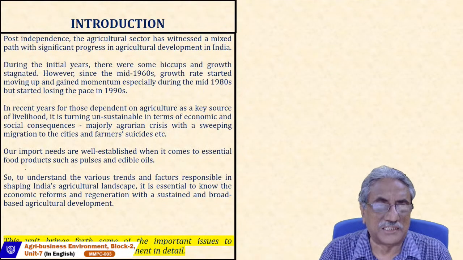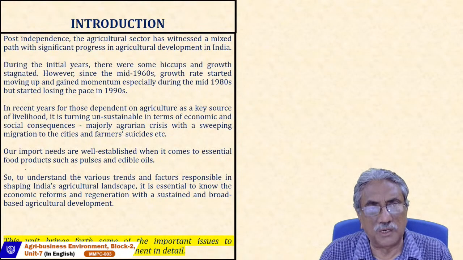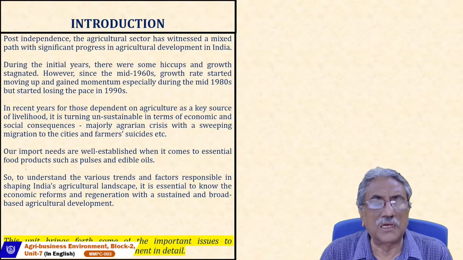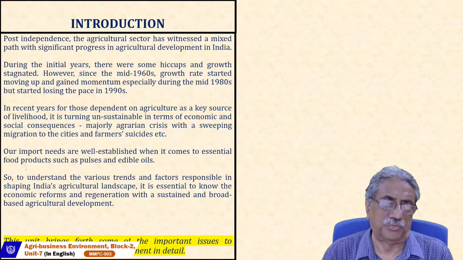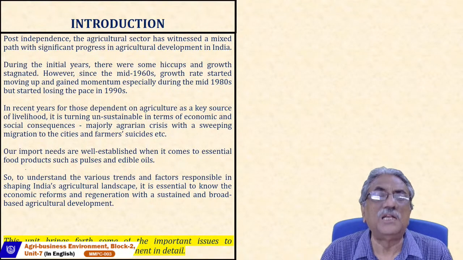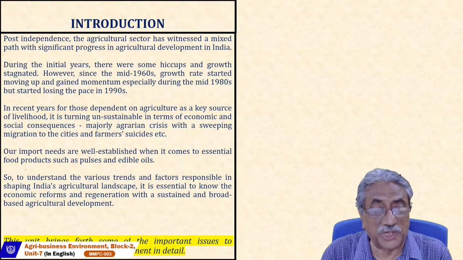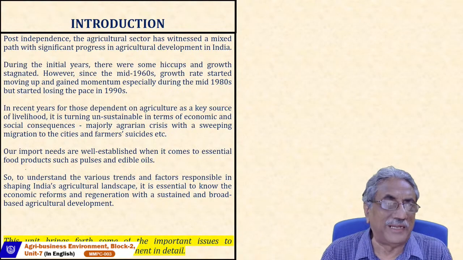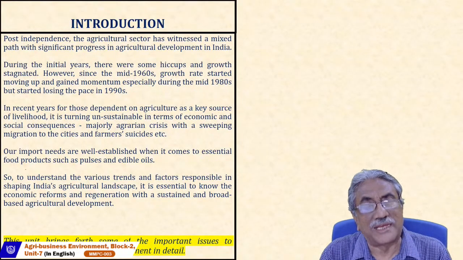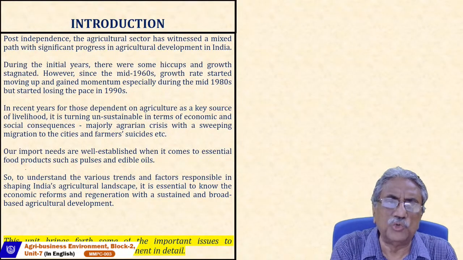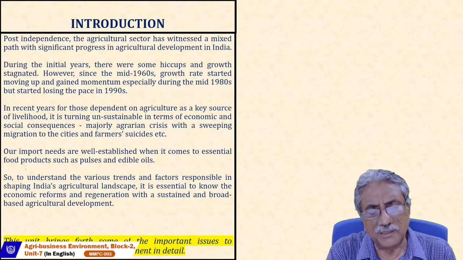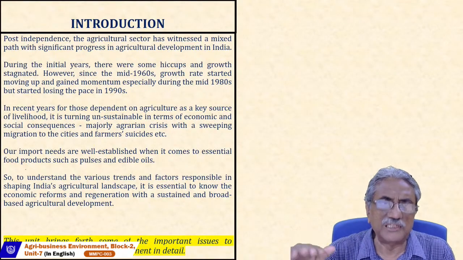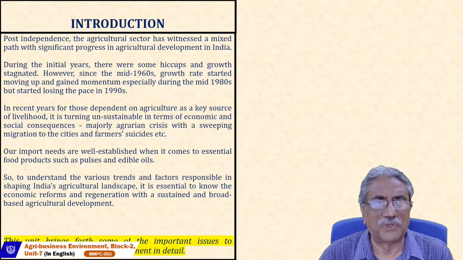But during the mid-60s, government introduced some policies and measures, and growth, that is yield per acre or whatever measurement you take, started growing and gained momentum, especially during the mid-80s, but lost pace again in the 90s, because any new thing you apply, initially you will get the benefit, but after that it tapers off unless you bring in something different.